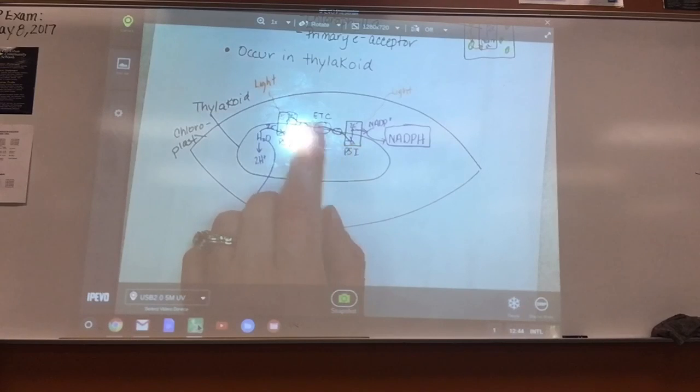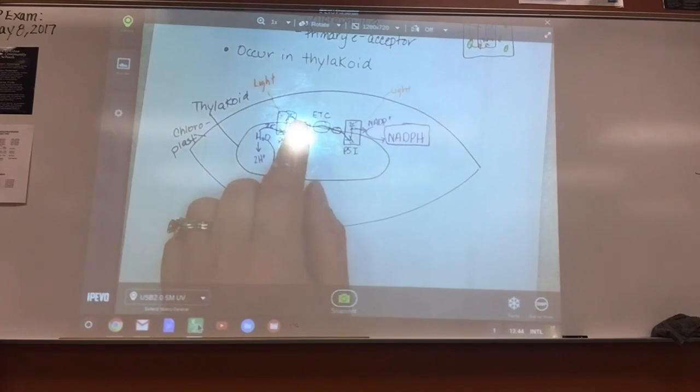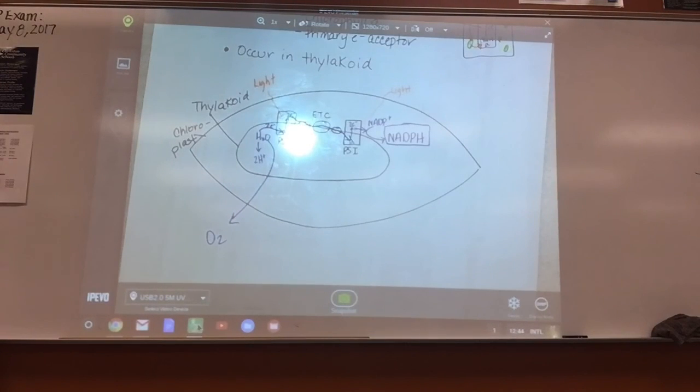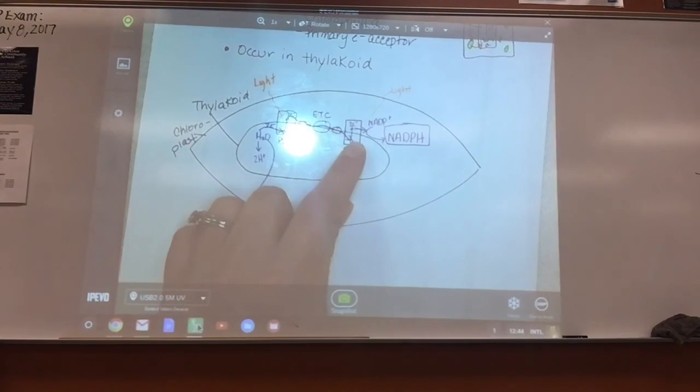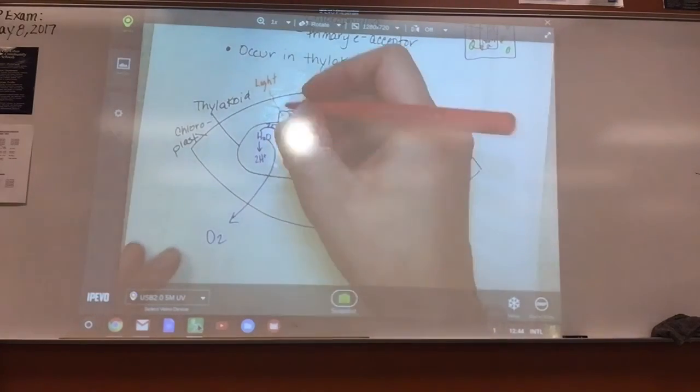Before we go to the Calvin cycle, there's one other thing I want to write on here. So this is the light reactions in a nutshell. I just want to point out one other thing, and that is cyclic versus non-cyclic flow. I just drew a non-cyclic flow of electrons.